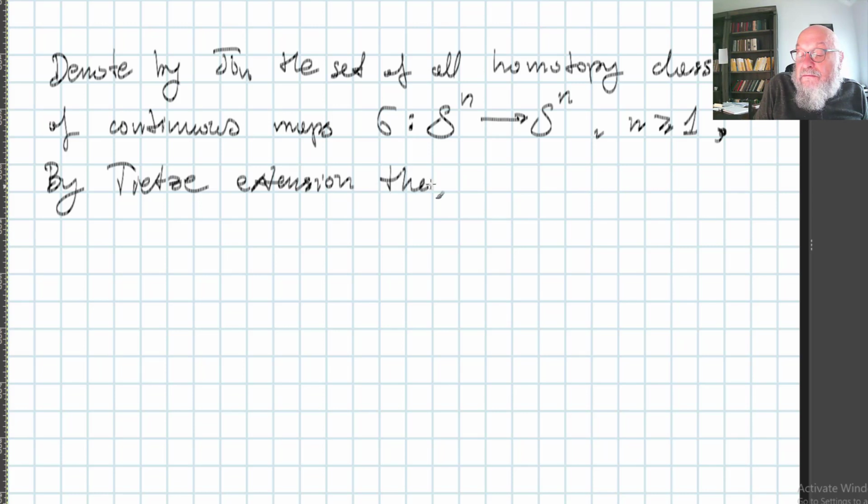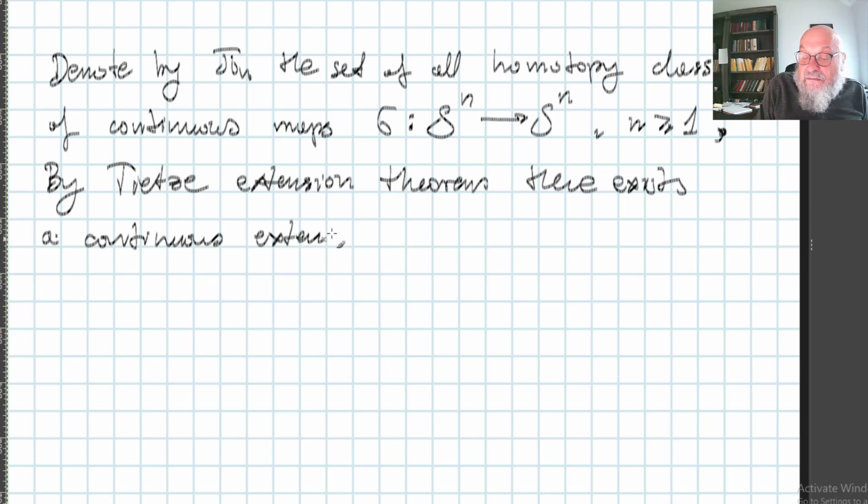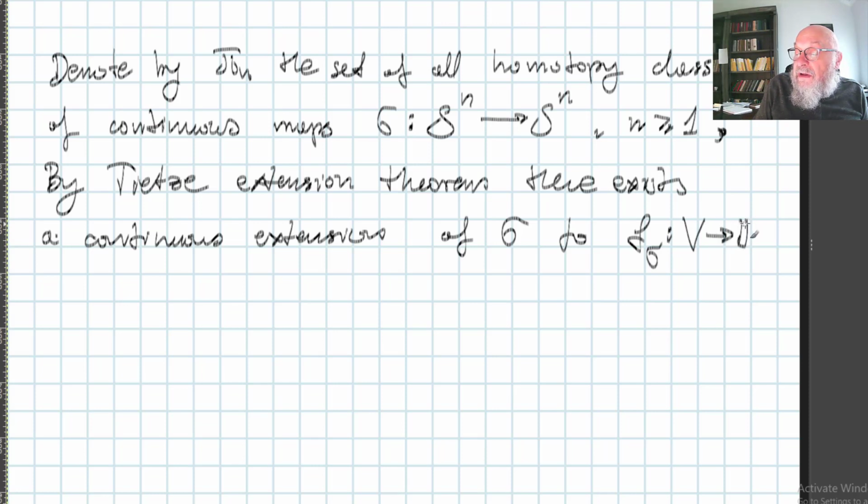There exists a continuous extension of sigma to f sigma that goes from V to V. What is V?